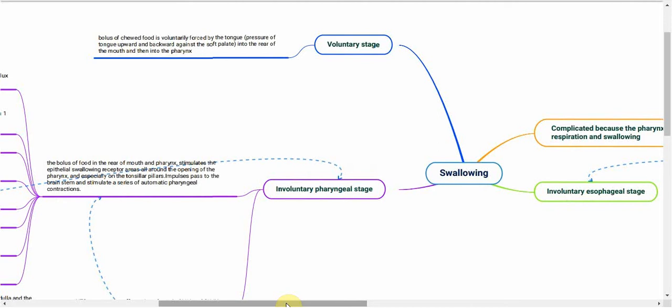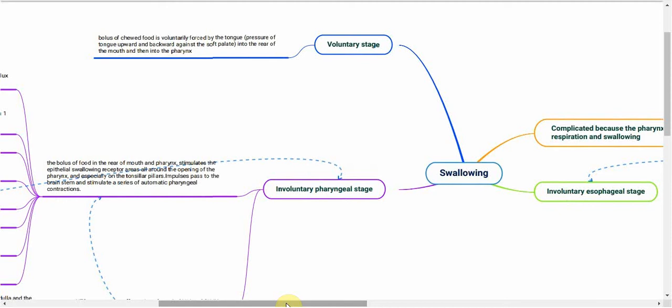Now, the bolus of chewed food, which is basically a ball of chewed food which has been lubricated by the saliva, right? In the voluntary stage, this bolus is forced by the tongue into the rear of the mouth and then into the pharynx, right?